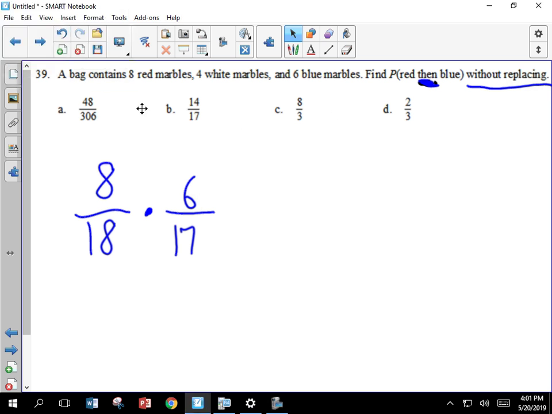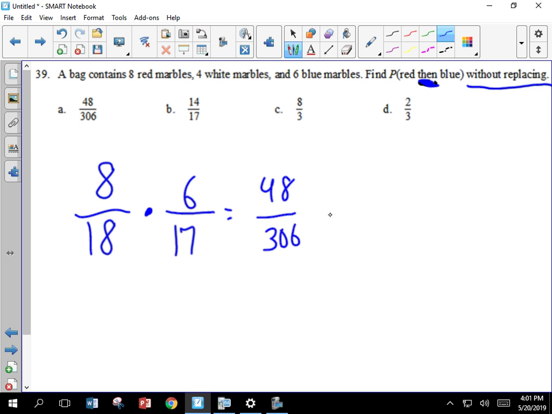And on this problem, it was not reduced because in class I noticed you all were doing it straight across. On the test, it probably will be reduced. So it's 48 over 306, which reduces down to 8 over 51.